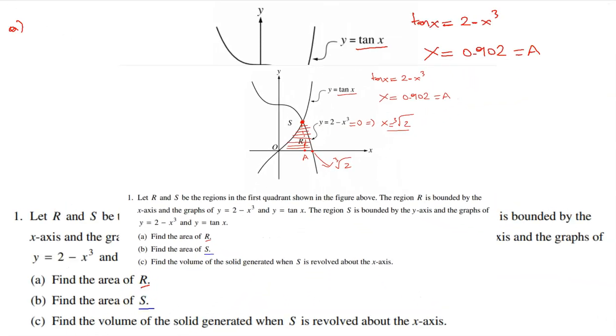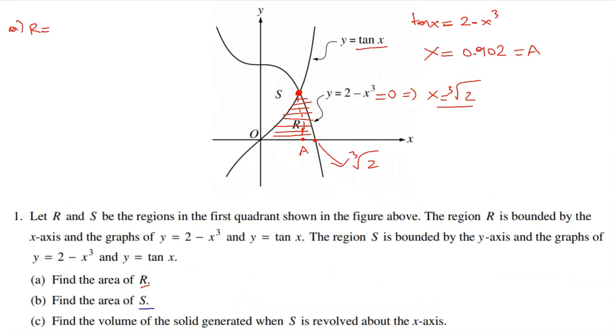So part A, the area of R is going to be equal to, as you may have noticed, I'm going to divide the entire area R into two sub areas. The first area is in between 0 and a, and the second area is in between a and the cube root 2.